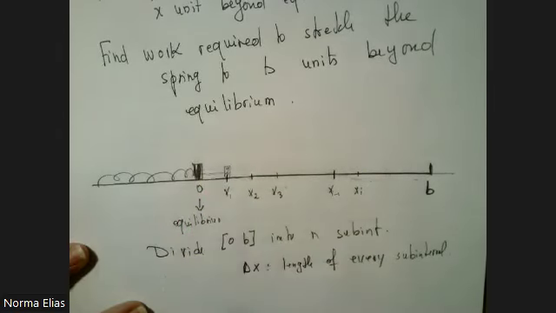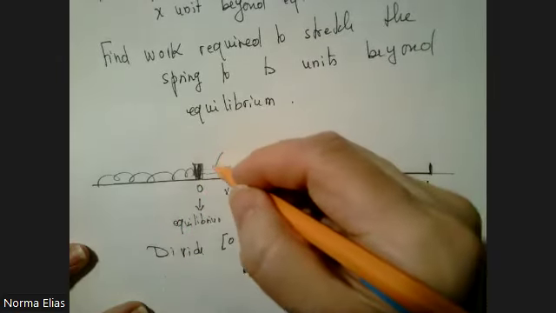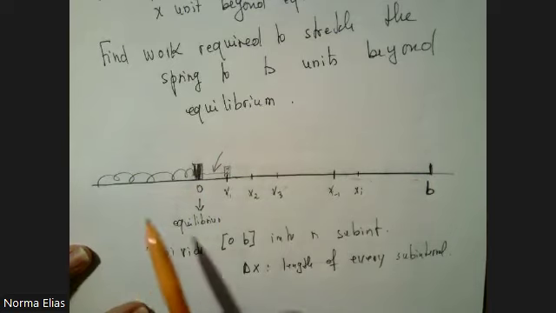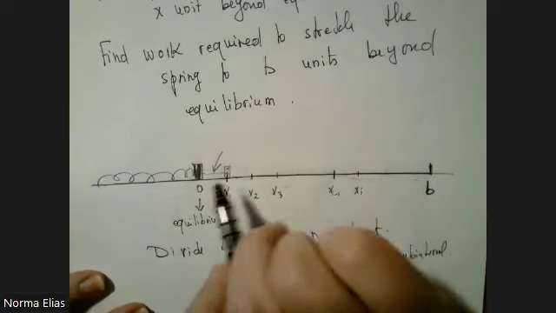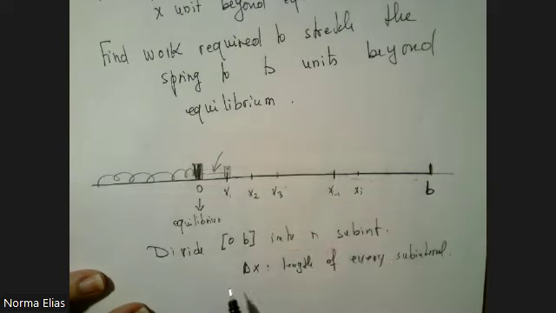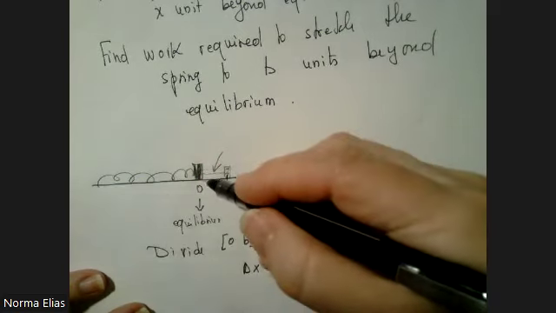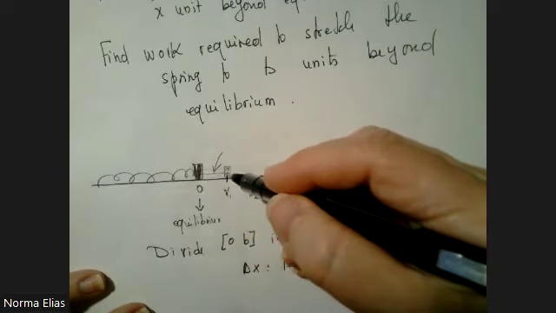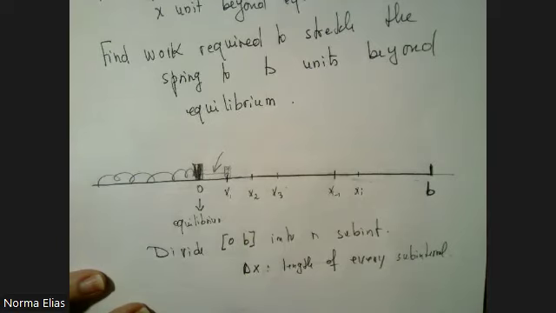I'm going to find the work I need to move from 0 to x1. But here's the thing: the force is changing from 0 to x1. However, if delta x is very, very small, I can assume that the force I need to move it from here to here is not really changing a lot.